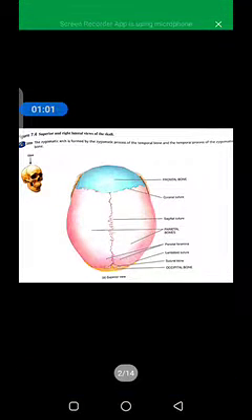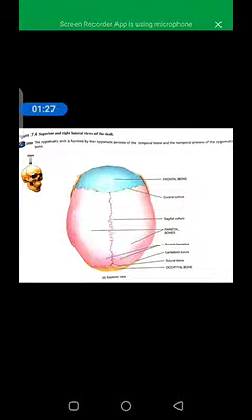The various sutures present here are the frontal bone and the coronal suture, which connects the frontal bone and both the parietal bones. There is the sagittal suture, which connects both the parietal bones to each other.